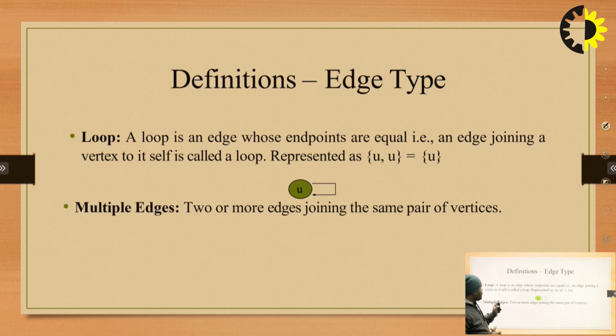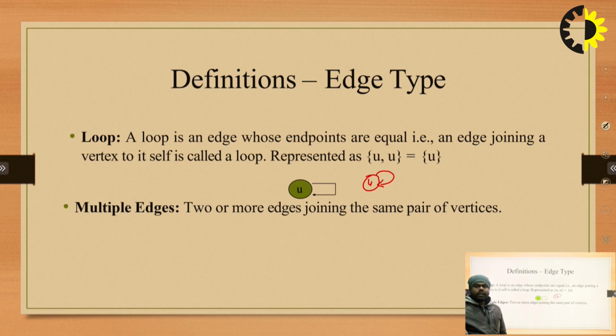So the next topic is loop. A loop is an edge whose endpoints are equal, meaning this is a loop. The starting point and end point are the same. As for the degree, in-degree and out-degree stand for the directed graph, but there is no in-degree and out-degree for the undirected graph.